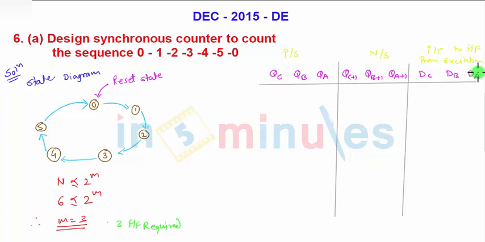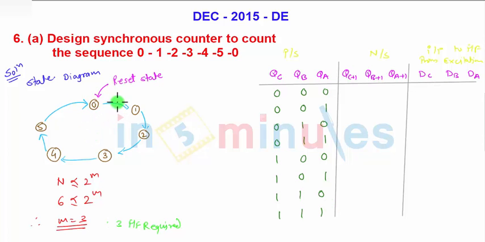In a synchronous counter, the clock pulse is given simultaneously to all 3 flip-flops. For the present state there will be 8 combinations, from decimal equivalent state 0 to 7. Out of these, states 0 to 5 are used, but 6 and 7 are not used. Before handling those, let us design for the states actually involved.